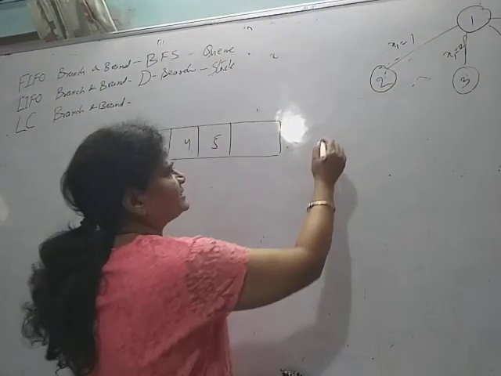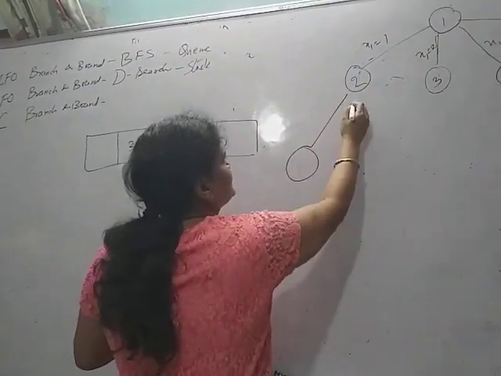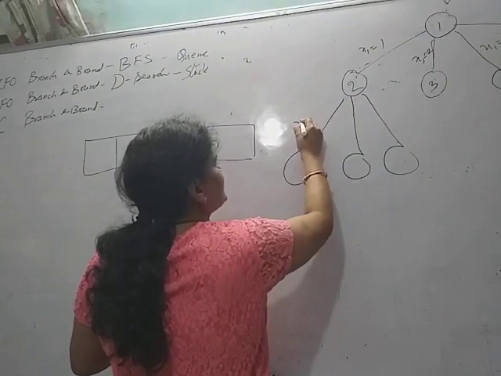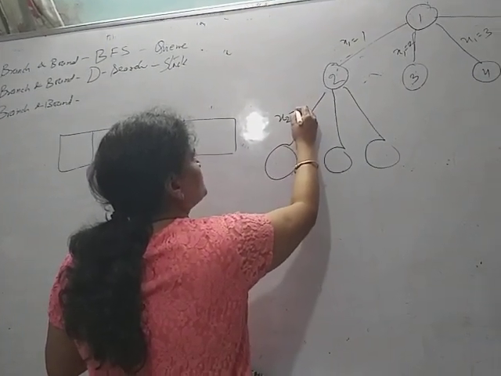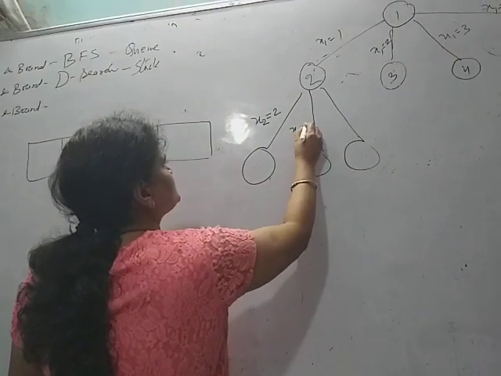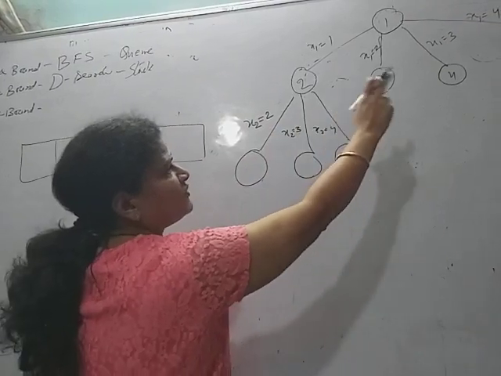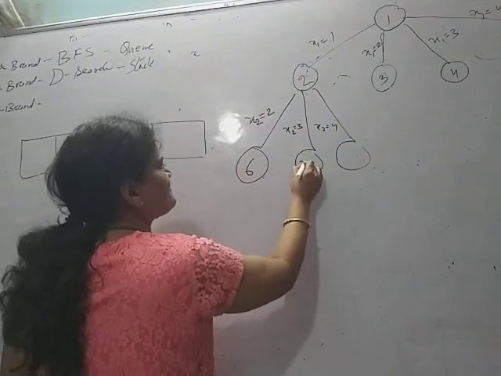Okay. So here for the second queen there are 3 ways: X2 equal to 2, X2 equal to 3, X2 equal to 4. See the numbering: 2, 3, 4, 5, then 6, 7, 8.